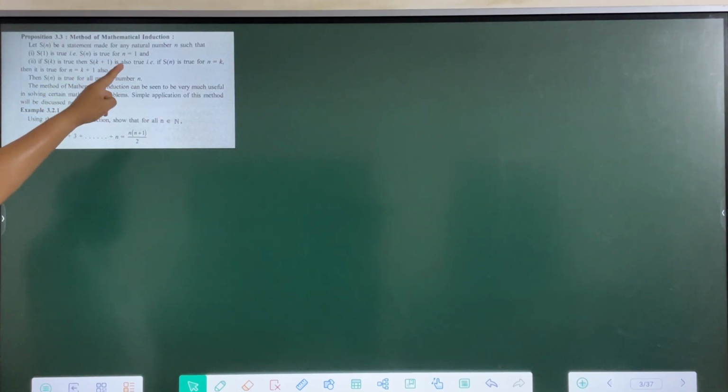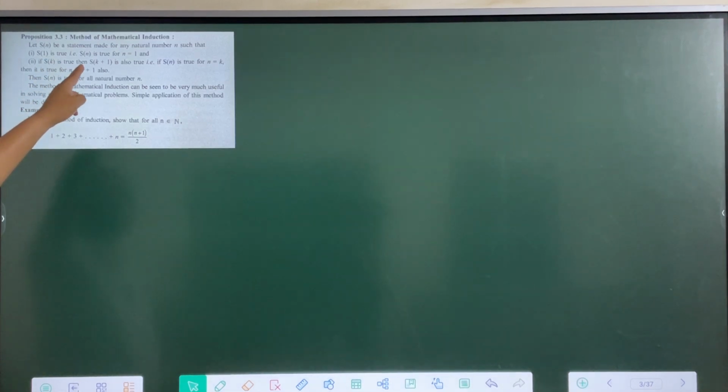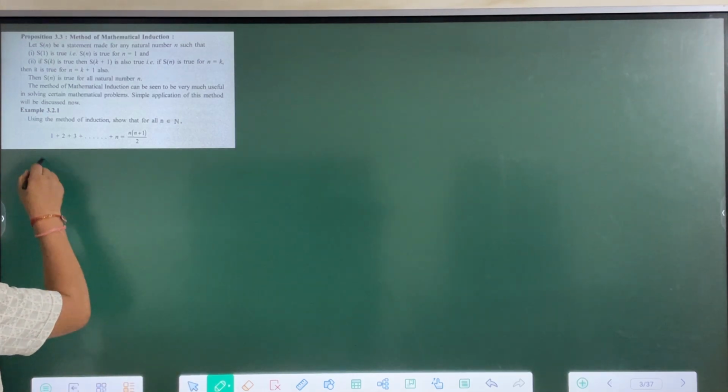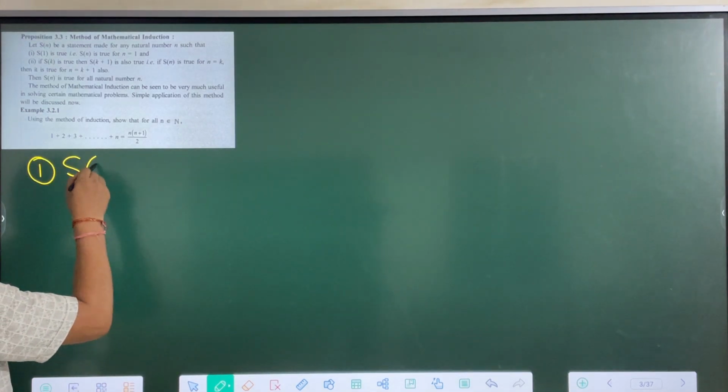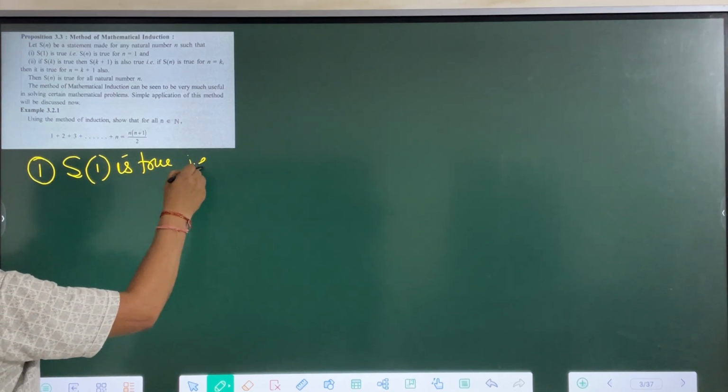Now let Sn be a statement made for any natural number n such that number 1, S1 is true, that is Sn is true for n equals to 1.